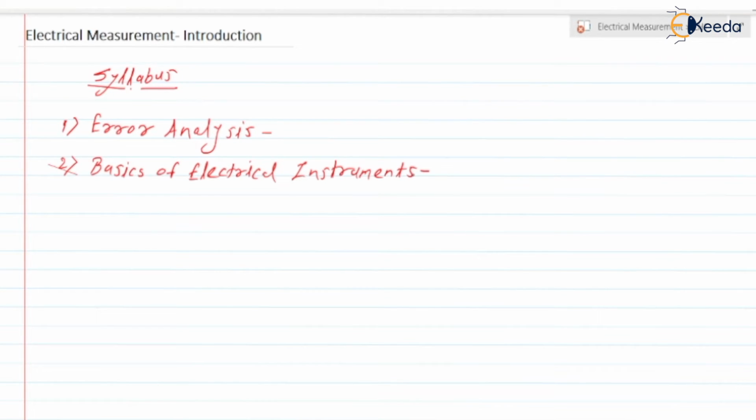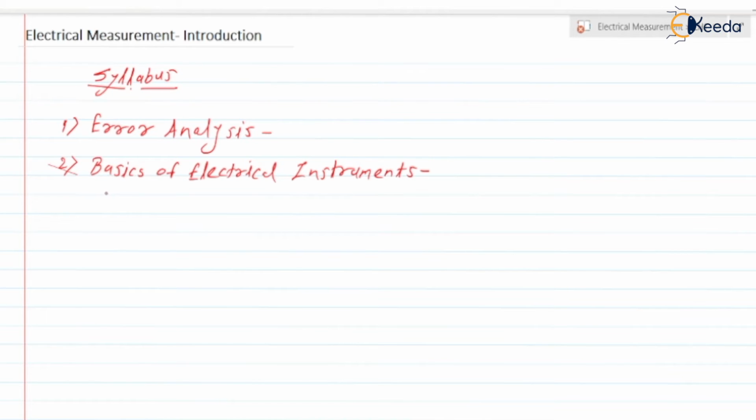In this chapter we are going to discuss some basics of electrical measuring instruments, such as the different torques required for the operation of the measuring instruments, and how those torques can be generated or produced.